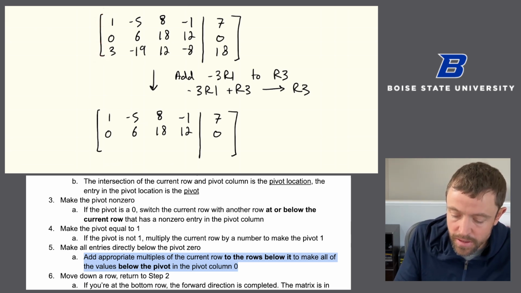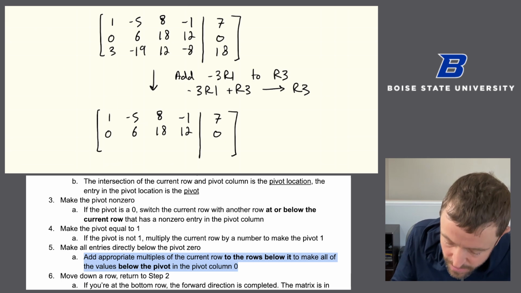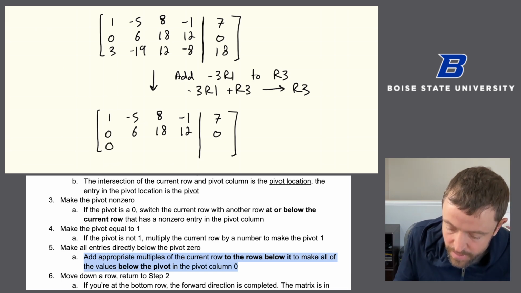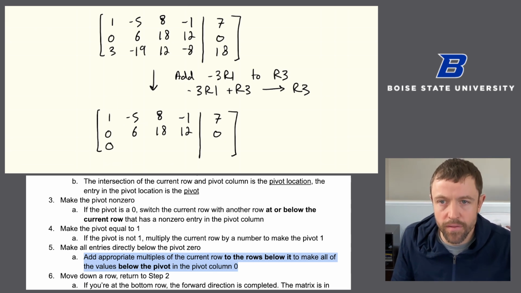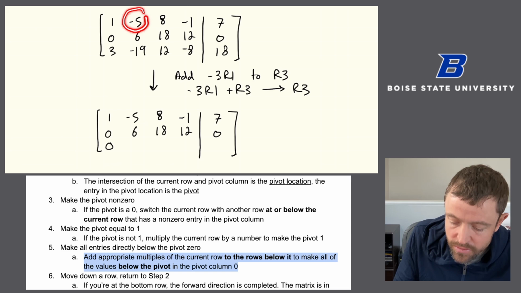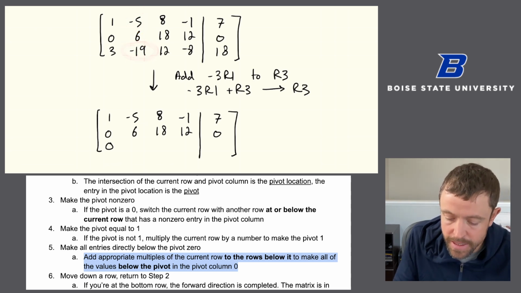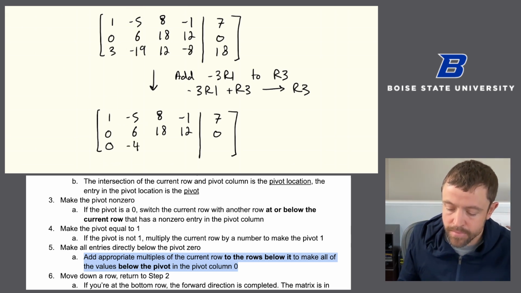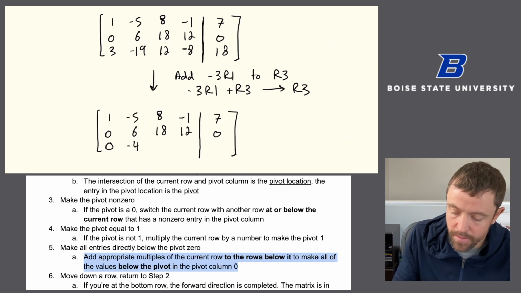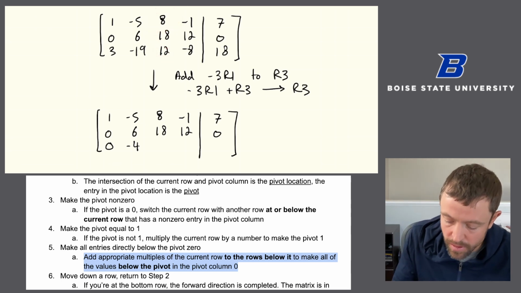This first entry, I start with the 3, but then I add -3 to it, and I'm going to get 0. This next entry, I'm going to be slow for this because it's important to really follow this carefully. We're going to do -3 times -5 is 15. 15 plus -19 is -4. -3 times 8 is -24. -24 plus 12 is -12.